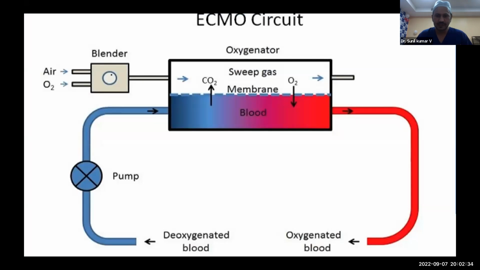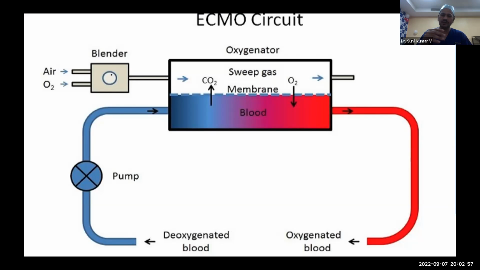A schematic representation of the ECMO circuit. Here you could see the oxygenator. The deoxygenated blood has been drawn from the patient and ejected to the oxygenator. You could see the thin membrane, where the blender is also attached.